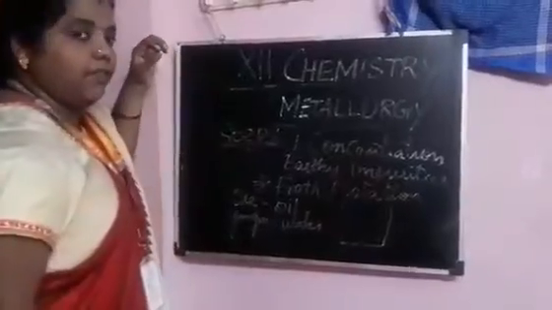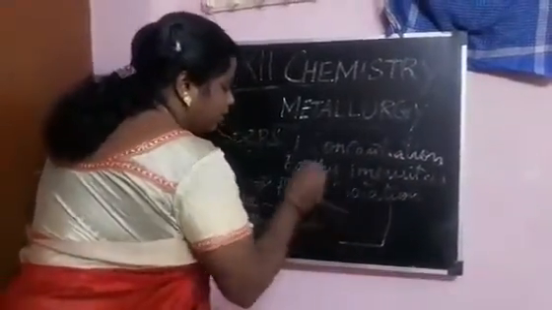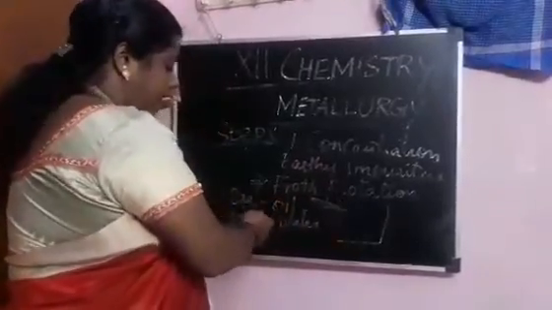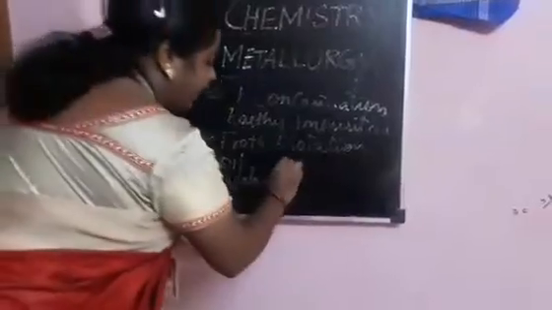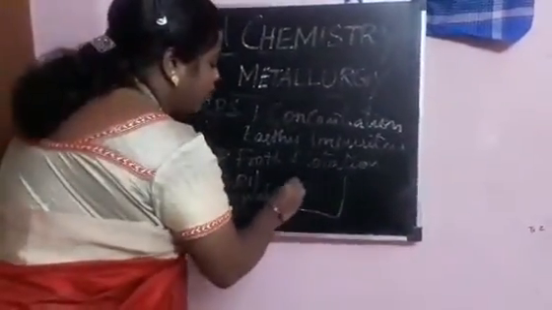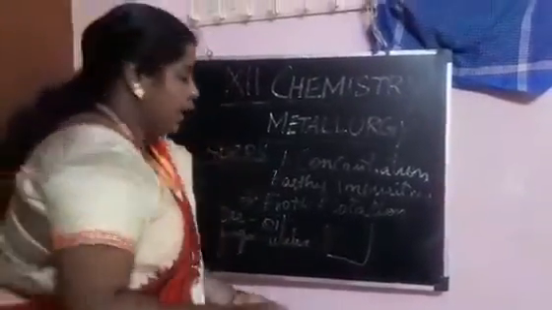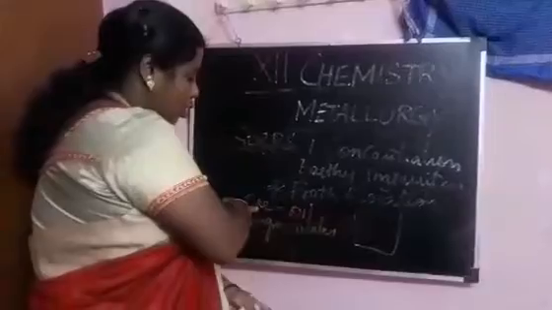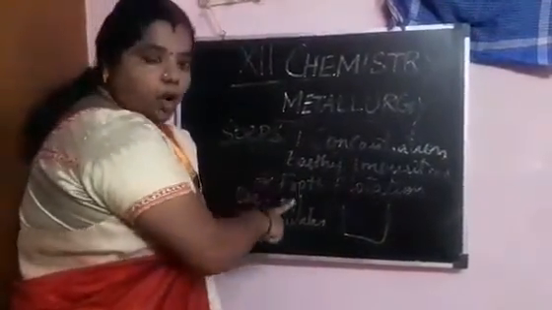For example, if you take a beaker, first you have to send in the ore as well as the gangue, the impure ore. The condition is that the ore will be absorbed by the oil.